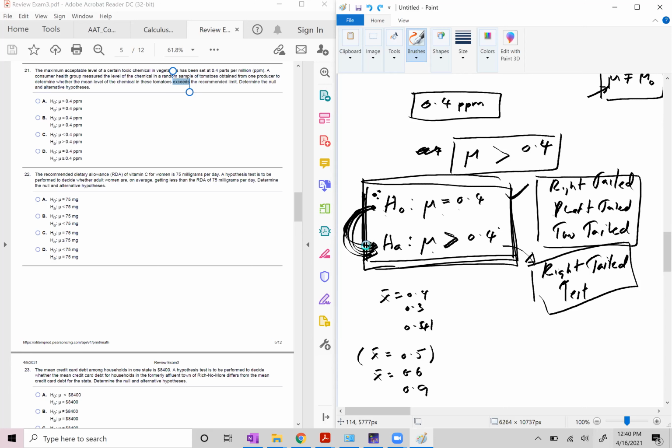Now, that's what we use to categorize these tests. This is right-tailed because we reject the null and go to the alternative when your sample mean exceeds some point. That means when you have higher and higher values, it will support the alternative.